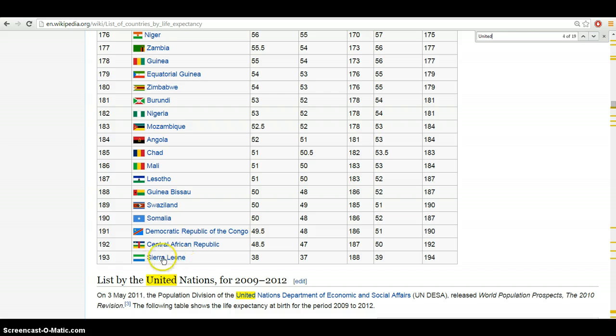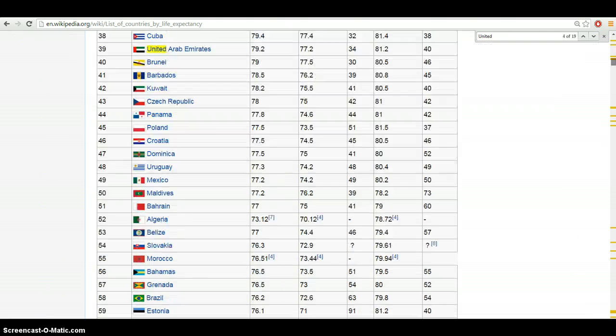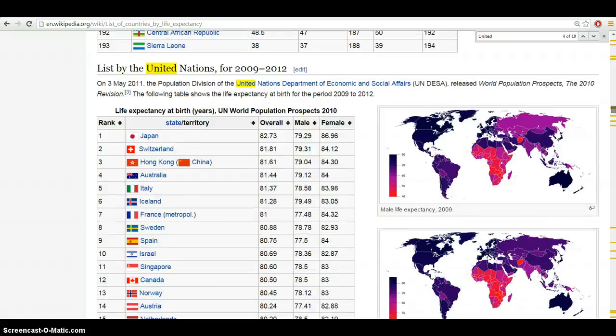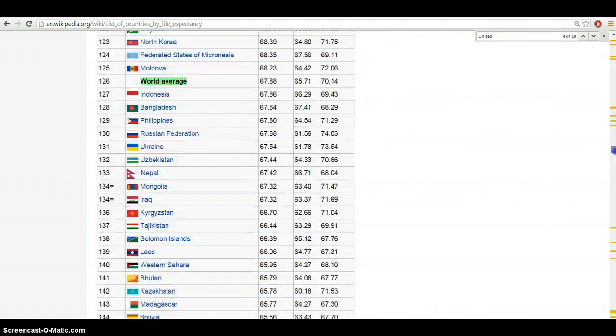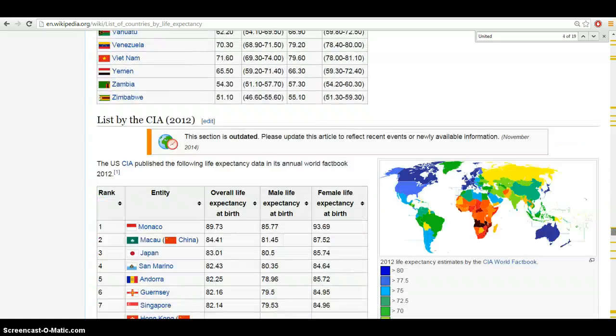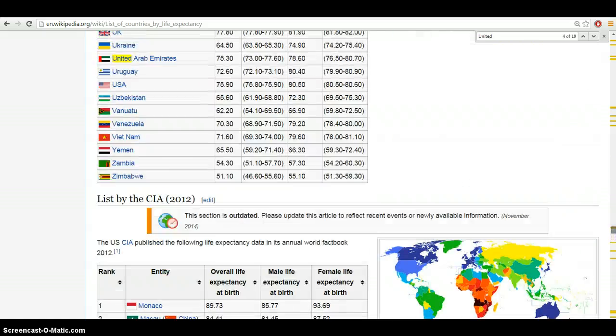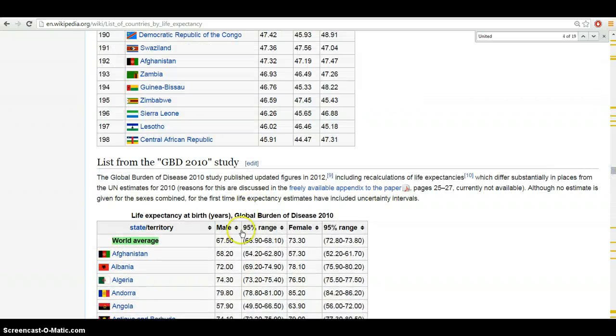So we also notice that this doesn't quite match the graph up here, because here Angola was the lowest, and here we have Sierra Leone, both countries in Africa. And here's a list from the United Nations that has Central African Republic, Lesotho, and another list. Okay, this is alphabetical, so we're not getting it in order.